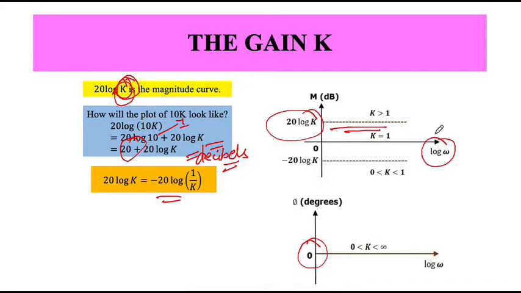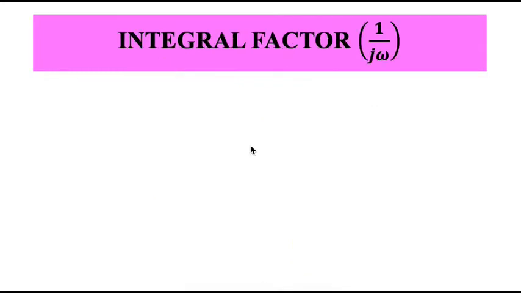Not surprising, there is no frequency term here, no j omega in the sinusoidal transfer function, and the phase is also always 0 because there is no imaginary part. So let me take the integral factor 1 by j omega. This is good for us because it helps in steady state analysis; adding an integral always helps in reducing the steady state error, as we saw.